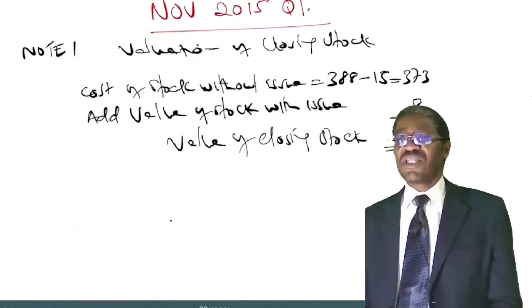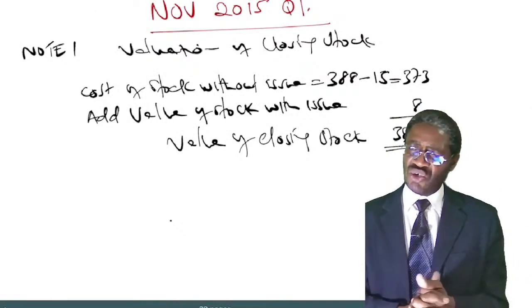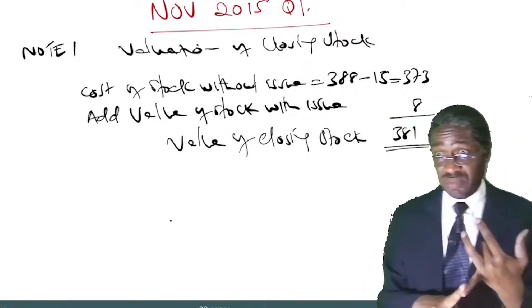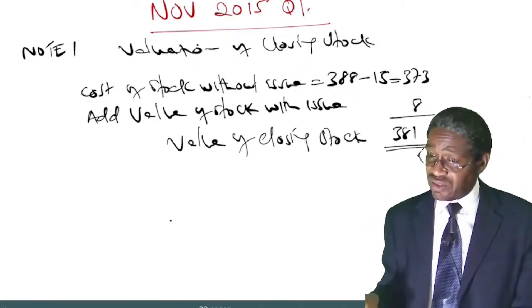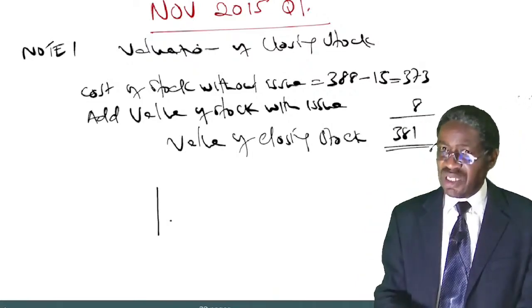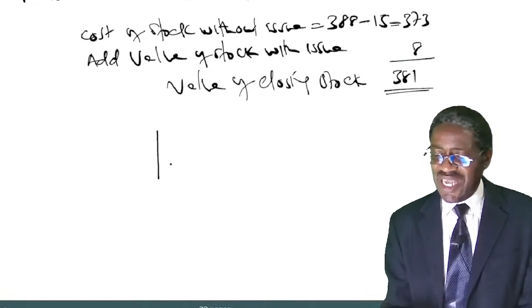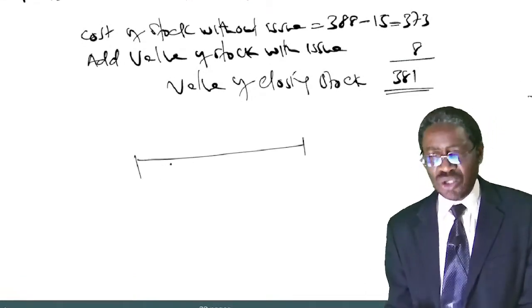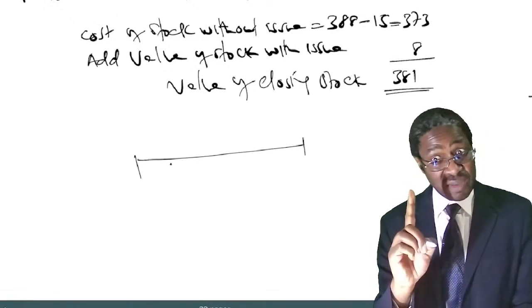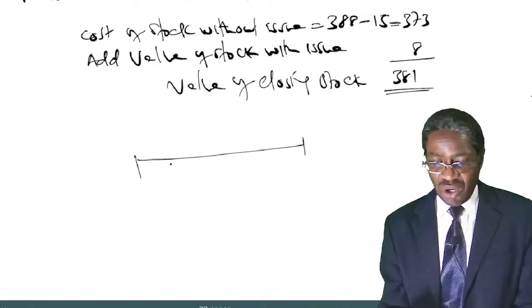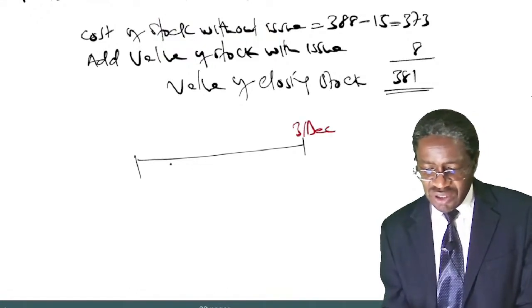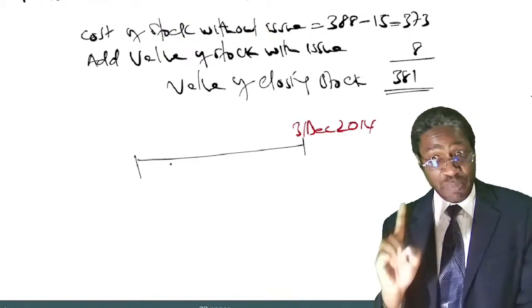So there are several things the examiner is testing you. 1, depreciation on the buildings from now onwards. Listen carefully. This company, they revalued their land and buildings not at the end. They did not revalue their land and buildings on 31st of December 2014. No. Get the point?